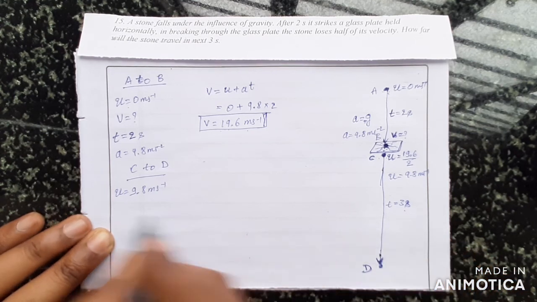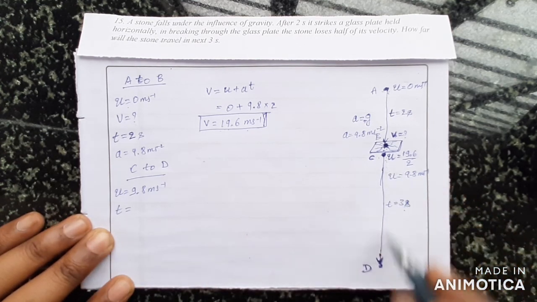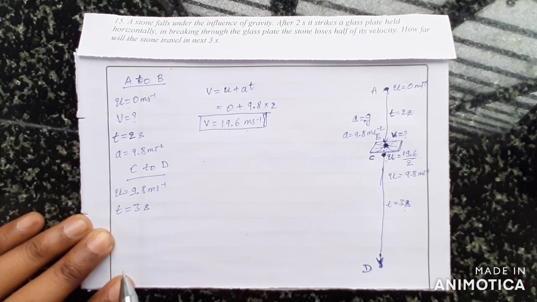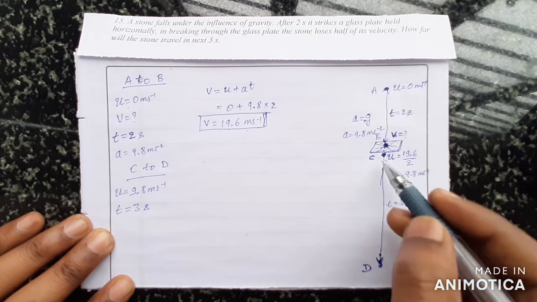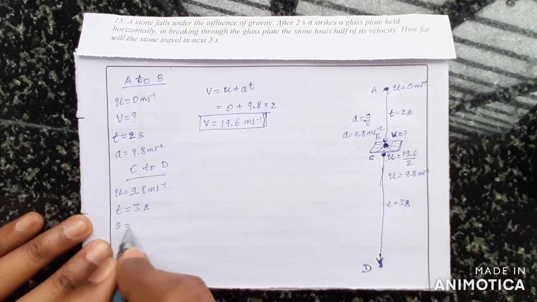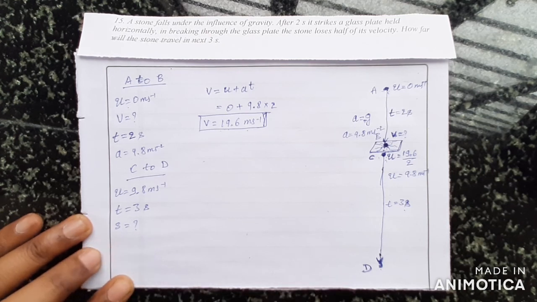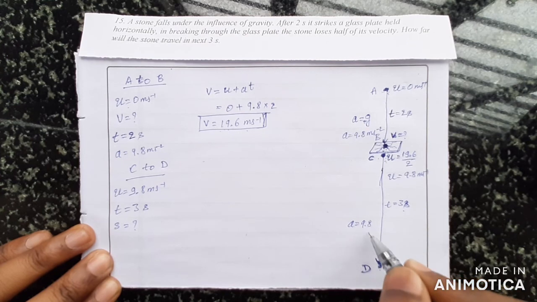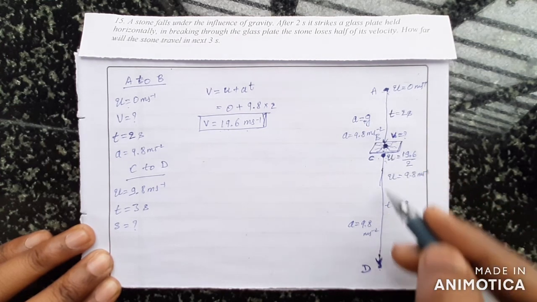The time for which it still falls down from C to D is 3 seconds. While it falls down, it travels a certain distance which has to be calculated now. Acceleration is 9.8 meter per second square again, because it is falling under gravity.